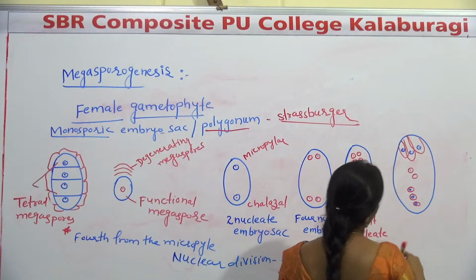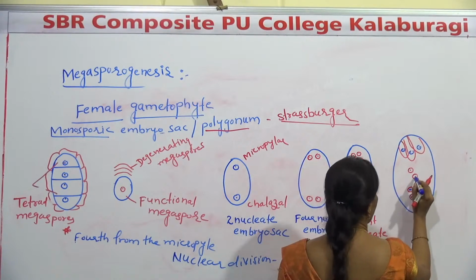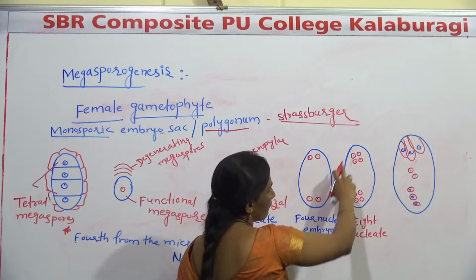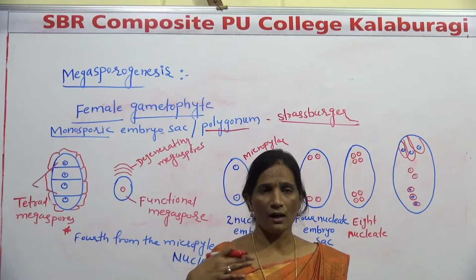So here you can observe that after the eight nucleate stage, cell wall formation occurs.